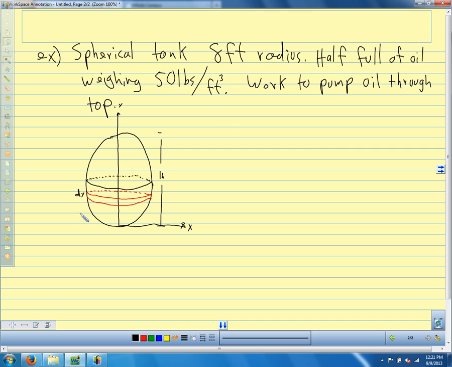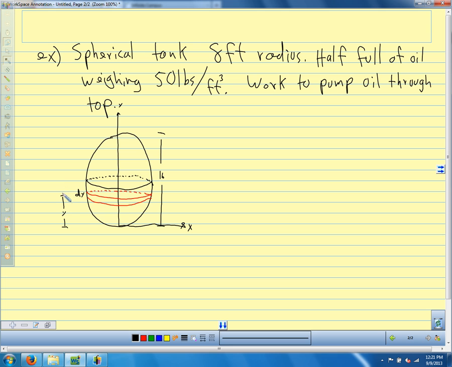And we're pumping the liquid out through the top. So the height of this little slab of liquid above our origin is going to be y. So we're y units up from the origin.